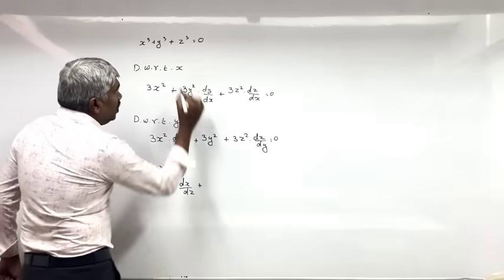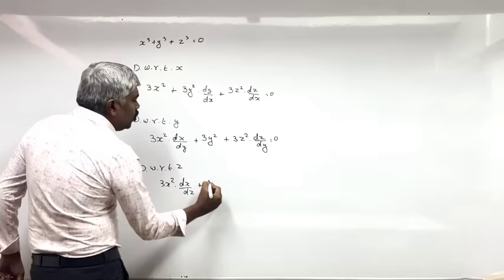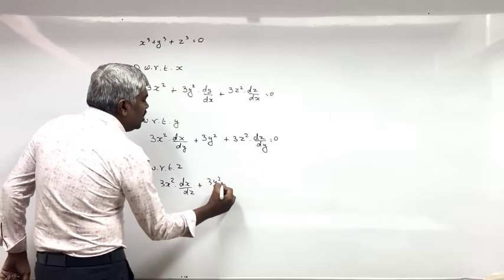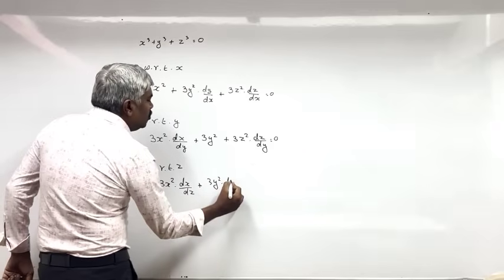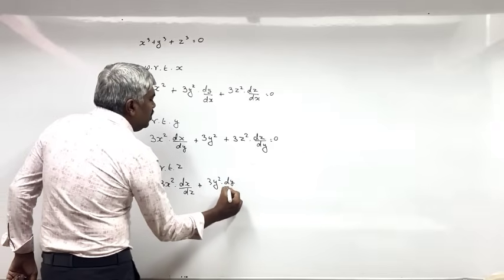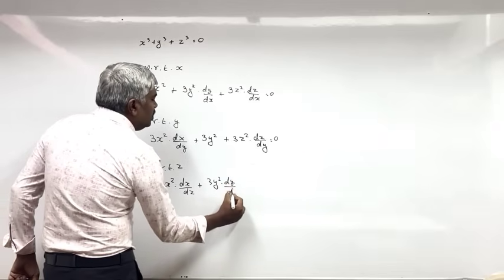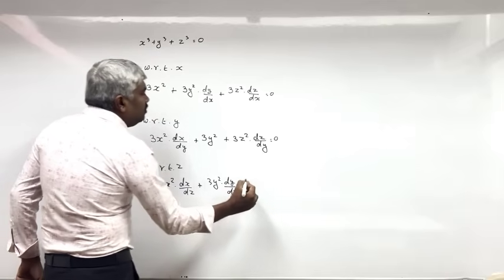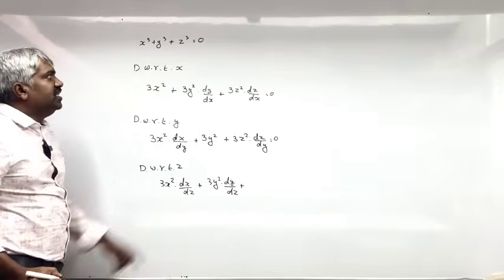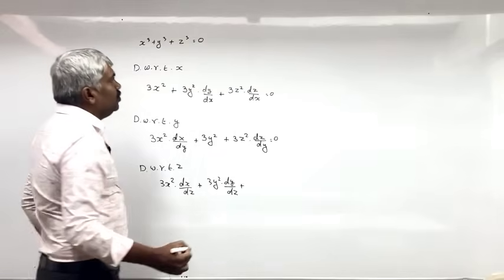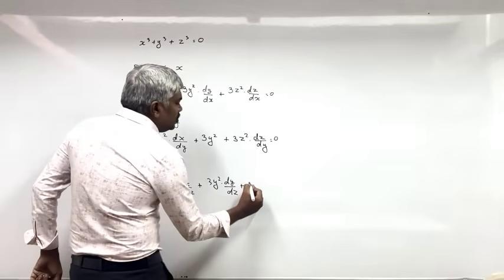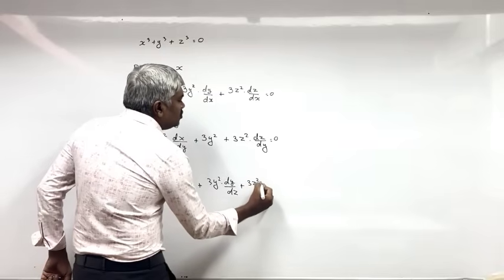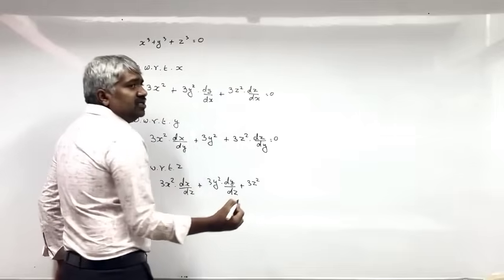plus, while differentiating y cube, 3y square into dy by dz plus, then z cube. Differential of z cube is 3z square.